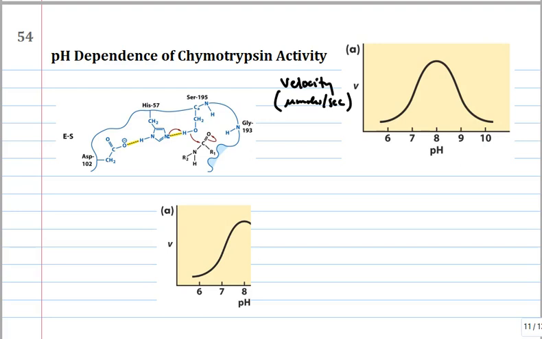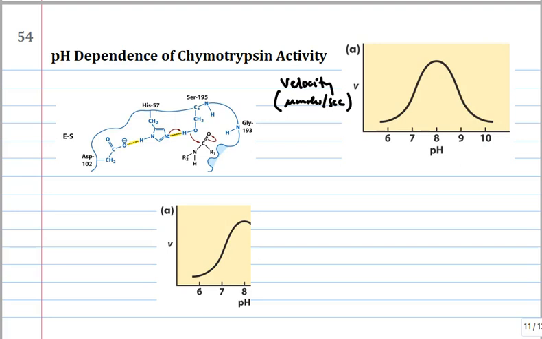Wow, what does this bell-shaped curve pH profile for chymotrypsin activity tell us? Well, it tells us, at least for this plot, there's two ionizable side chains involved in the mechanism, or at least allowing the enzyme to be active.